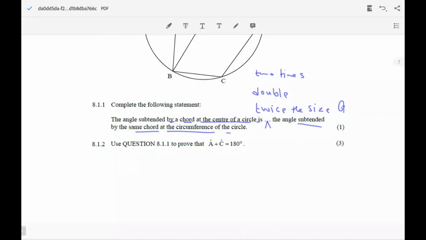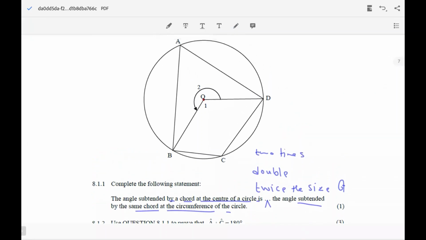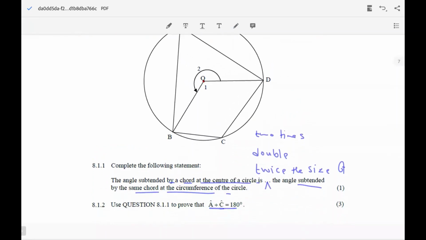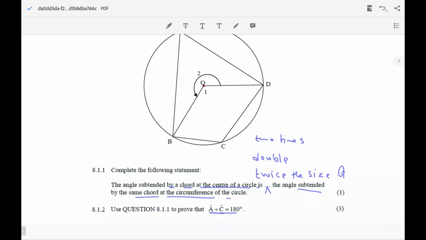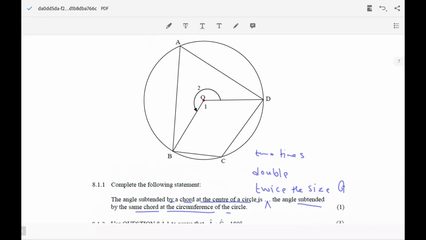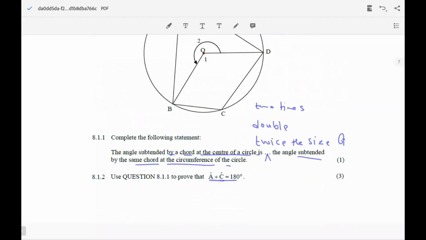So the other part: use question 8.1.1 to prove that A plus C equals 180 degrees. So meaning we need to use the angle at the center theorem to show that A plus C equals 180 degrees.